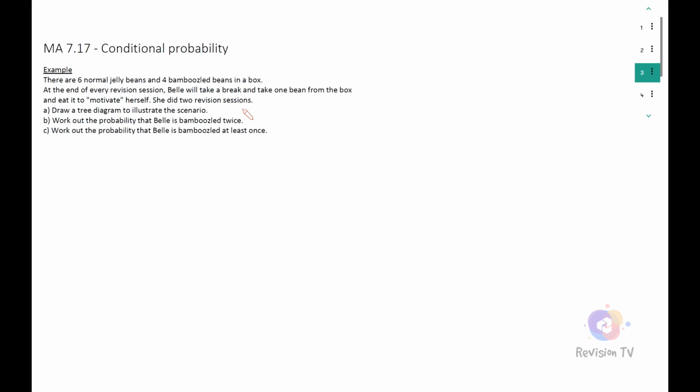So she did 2 revision sessions. Part A, draw a tree diagram to illustrate the scenario. So the first revision session and the second revision session. During the first revision session, she could have picked a normal one or a bamboozled one.